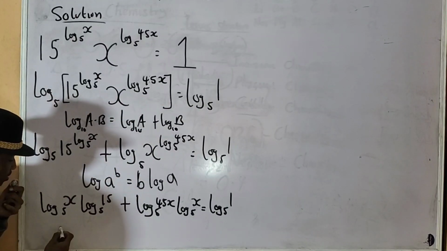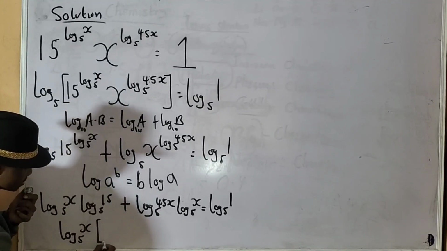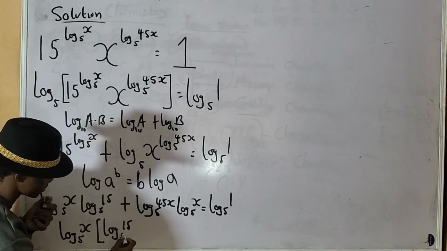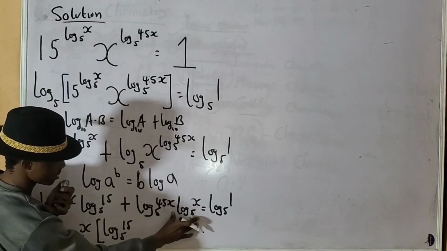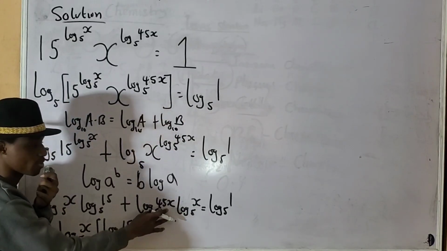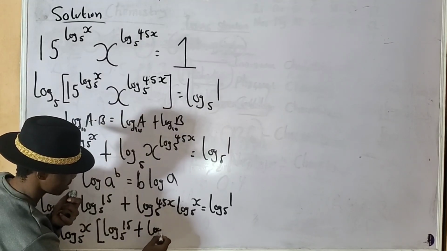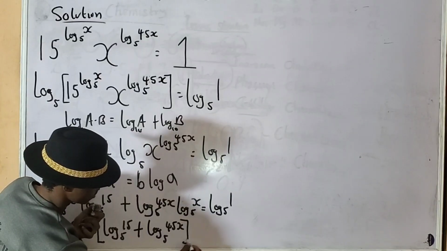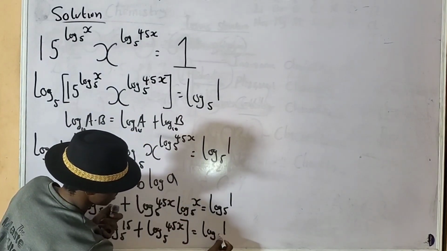So I'm going to have log x base 5, open the bracket, log 15 base 5. Now this log x base 5 has been factored out, so what I'm going to be left with is log 45x base 5. So put the sum log 45x, and the base is 5. This will be equal to log 1 base 5.